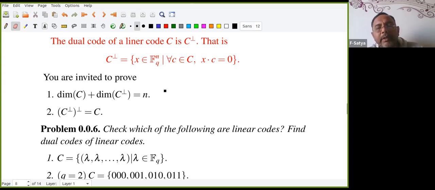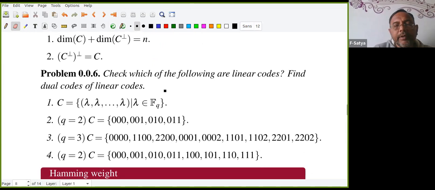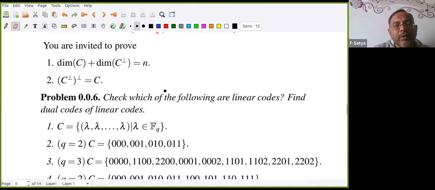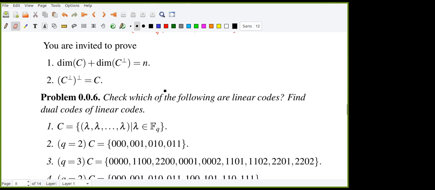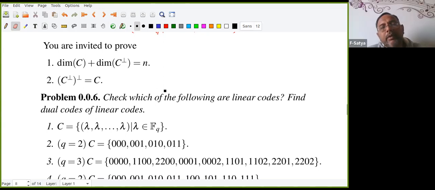Can somebody connect the parity check matrix with C-perp? Are you able to connect? Okay, we'll come back to these things. Are you getting any idea how to proceed? I asked you to prove, but we can prove that Fq power n is the direct sum of C and C-perp.